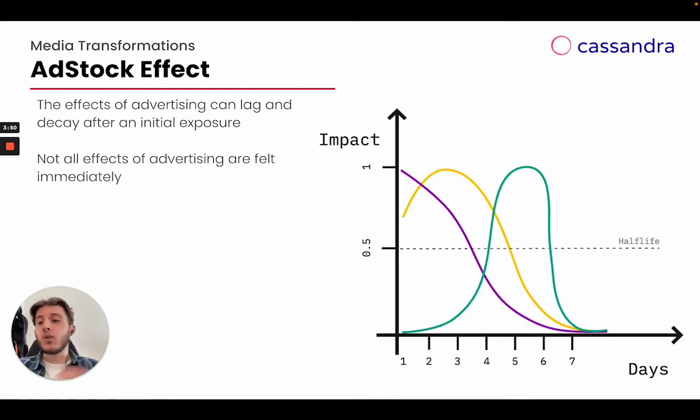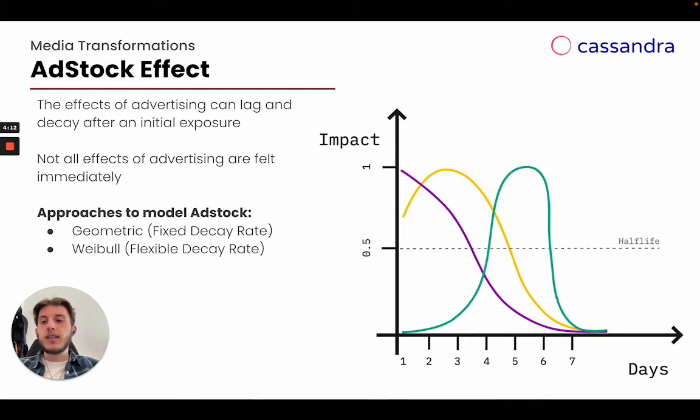So maybe they are going to work in their car and they hear your ads on the radio. Maybe they are at a friend's house and your ad goes on TV. So the impact may really show up like a week after the time that the ad was live. So that's another thing that could be happening, basically.